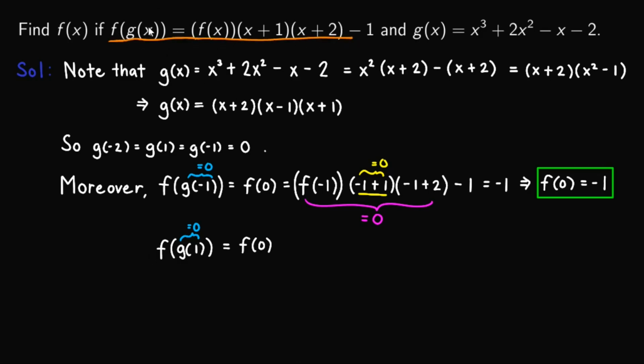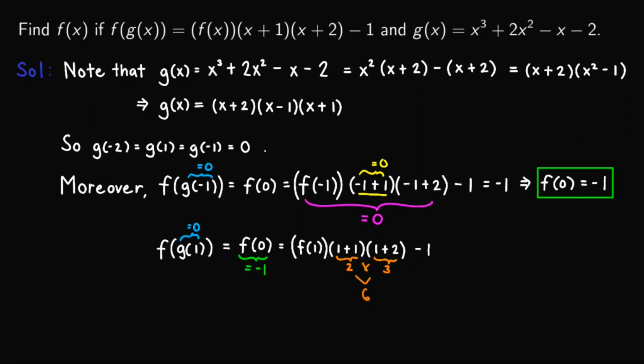So we just replace x with 1. So we have f of 0 equals f of 1 times 1 plus 1 times 1 plus 2 minus 1. Take note that from in here, we know that f of 0 is equal to negative 1, then 1 plus 1 is equal to 2, and 1 plus 2 is equal to 3. So this one out here simplifies too, so we just multiply this to obtain 6.